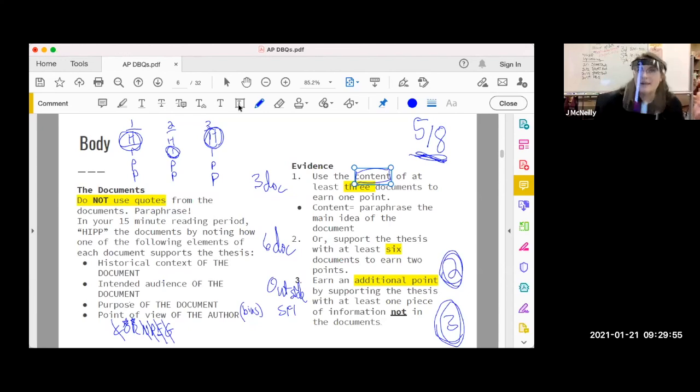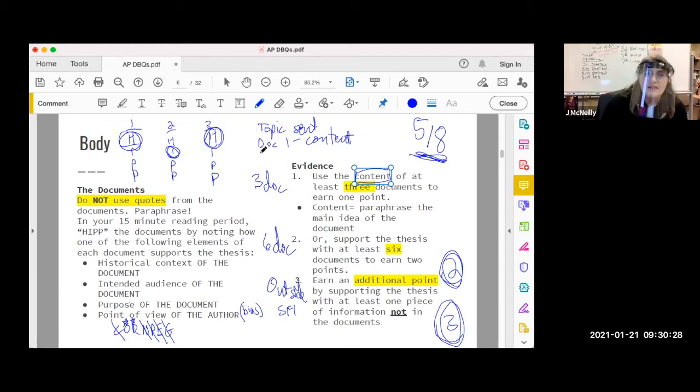So like in a body paragraph, you may start out with a topic sentence, which is like, okay, what's your category? Economic effects. Okay. Then you might say in document 1, and then do a content statement. This graph shows the amount of silver that came into Spain before 1492 versus after 1492. And there is a steep increase after 1492. That's just a description of the document.